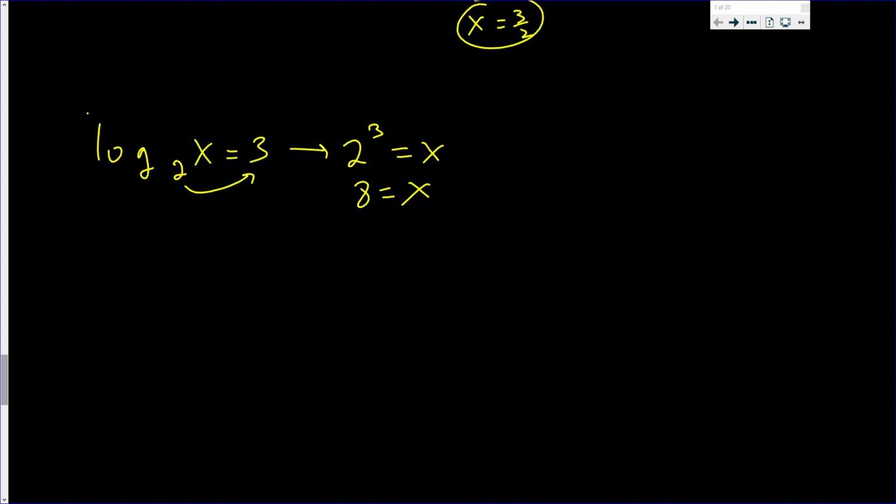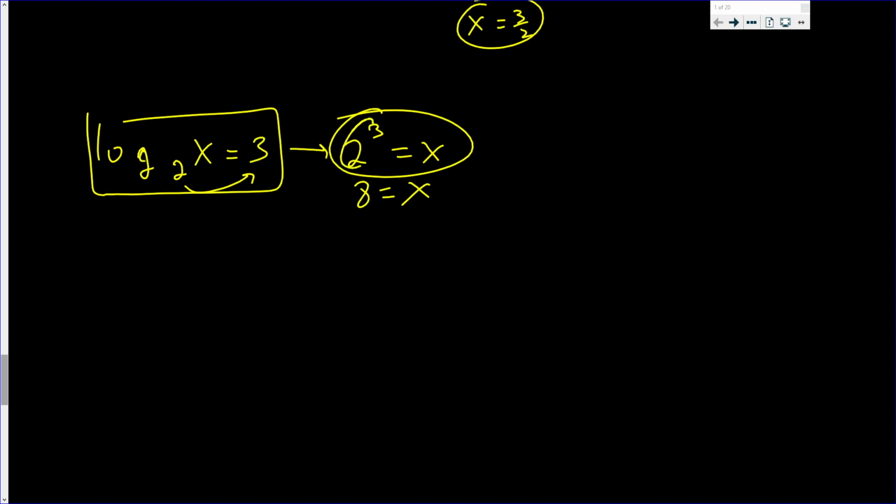Somebody may get this in a nanosecond, but they thought that. I can't imagine somebody knowing how to do logs in their head. Like, I can do 2 cubed in my head, but I can't do log base 2 of x equals 3 in my head without thinking exponentially. I will think, oh, 2 cubed is 8, x is 8.